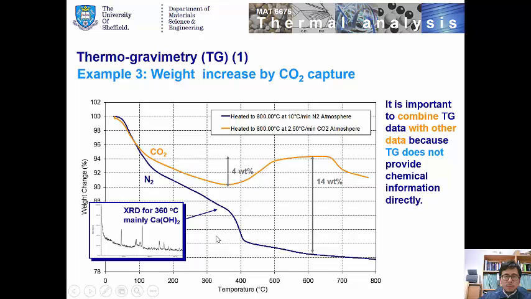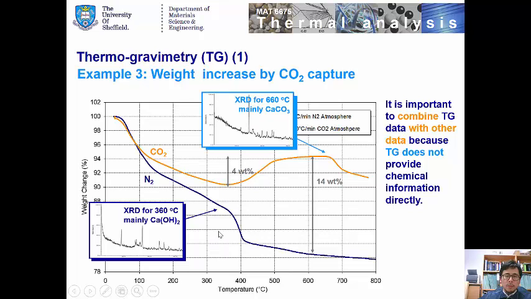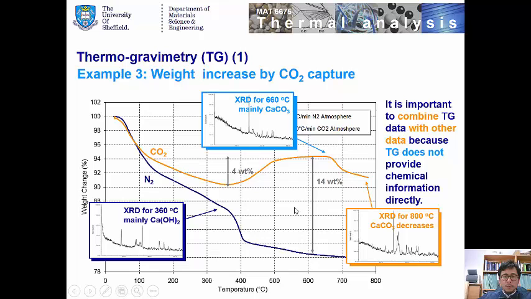And this material is heated further up to about 660, and this data shows material is mainly composed of calcium carbonate. So calcium is capturing CO2. If the same material is heated further up to 800, the amount of calcium carbonate decreases.